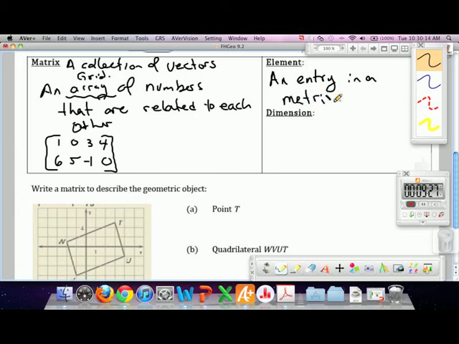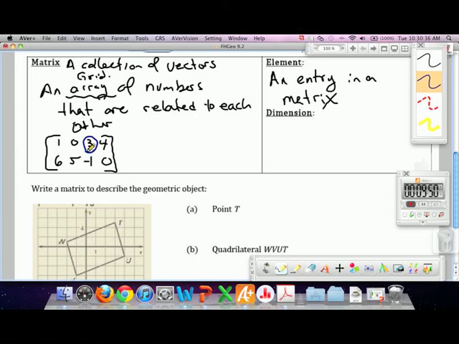So if I use the word element, I'm talking about one of the possibly many numbers that are inside of a matrix. In this case, this 3 could be an element. It is one of these 8 elements in this matrix.